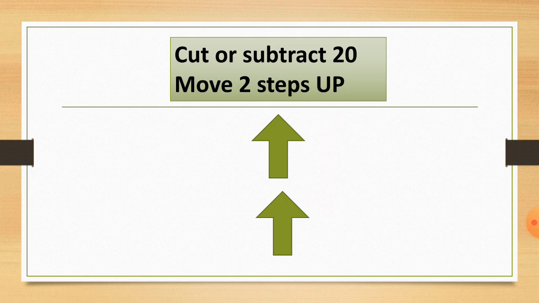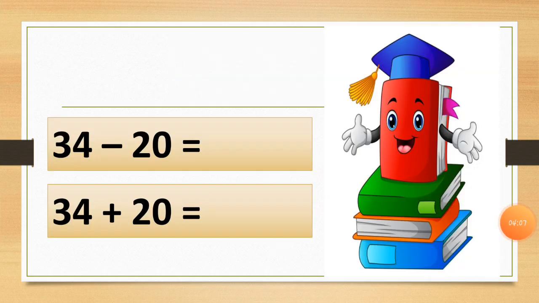Let's see an example of how we move 2 steps up or down to add or subtract 20. See students, here is the example. Here is the number 34 and we cut 20 from it. As we saw, to subtract we have to go upside 2 steps. Let's see in the hundreds grid how we move 2 steps upside to get the answer.